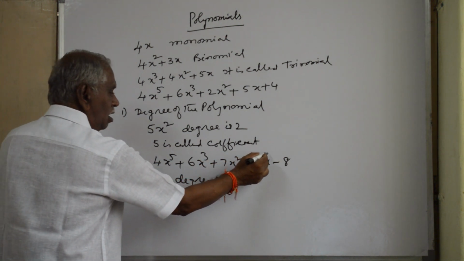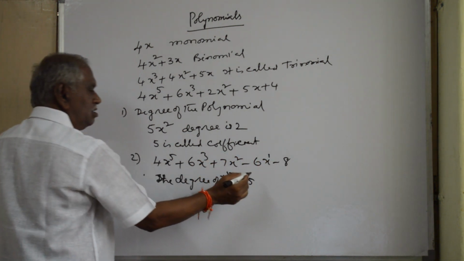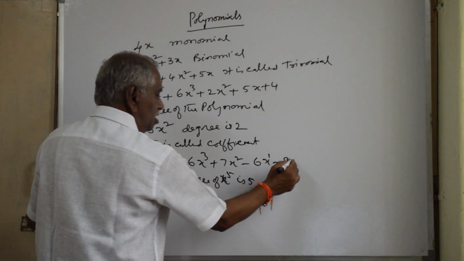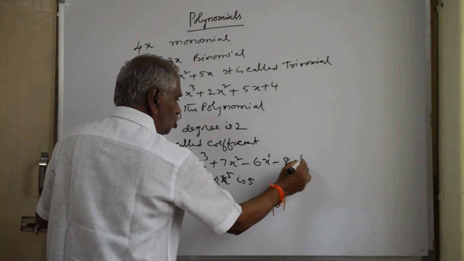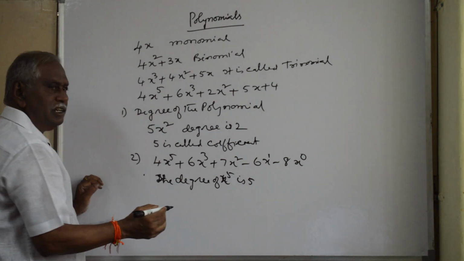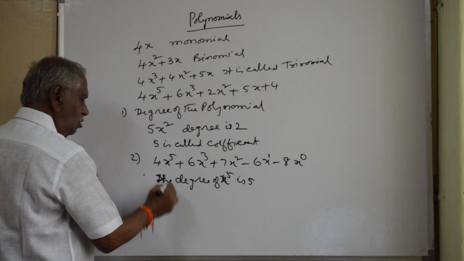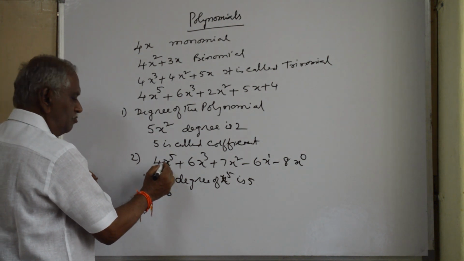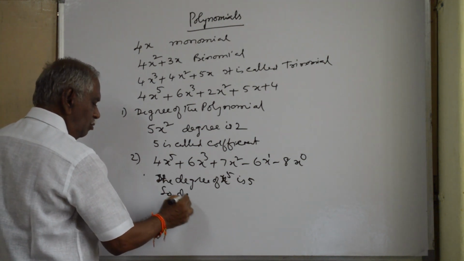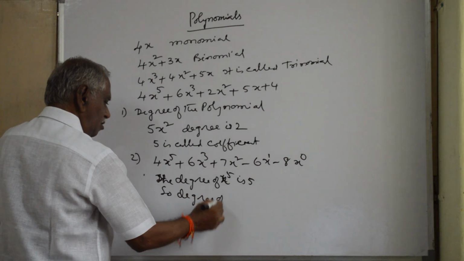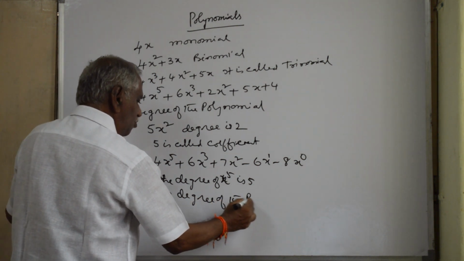Here the degree is 1. And the degree of a constant term is 0 because it is nothing but x power 0. So the degree of a constant is 0. So the highest degree in this expression is 5. So the degree of this polynomial is 5.